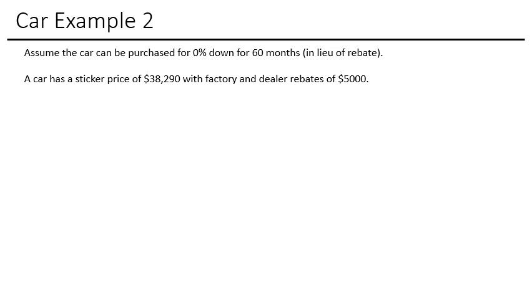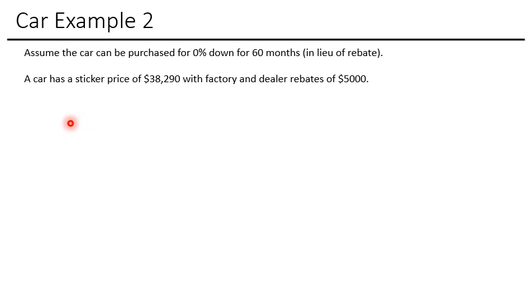So basically you have two different choices here. You can either take the 0% down for 60 months, or they'll give you some other kind of add-on percentage for you to take the rebates. They'll give you rebates, but then they will give you a finance charge with that. So this is going to take you through multiple steps to solve this problem.